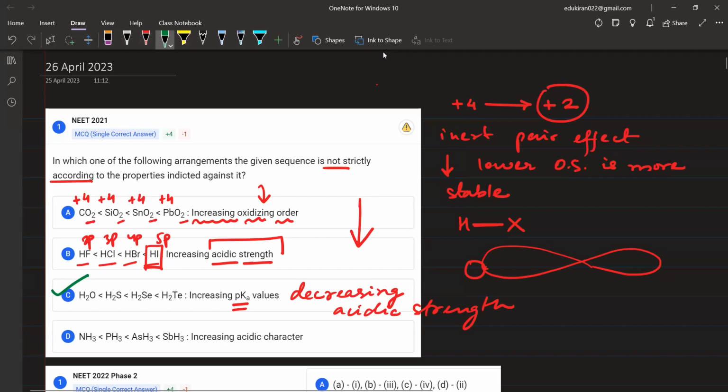Here also you can see the hydrides of the non-metals. They are in increasing acidic strength as we go down the group. Then we have bismuth.